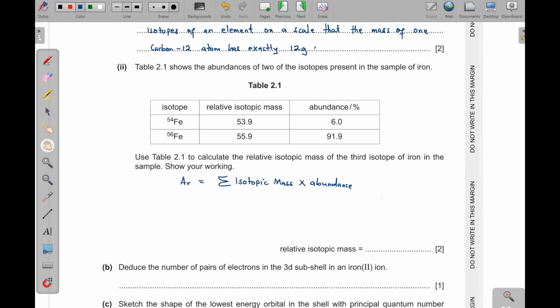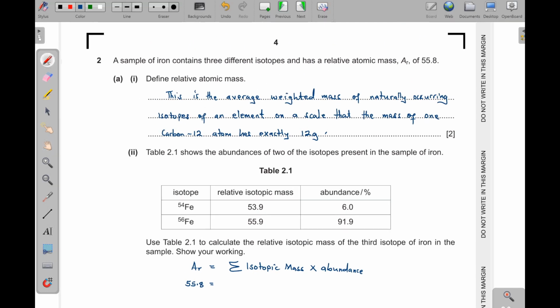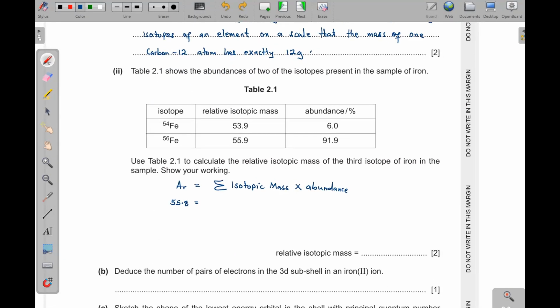So that means I'm going to have AR is what? 55.8, not so? It was given here, you can check, 55.8. And then, which ones do we have?